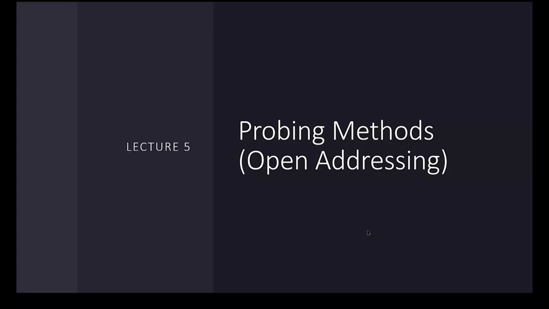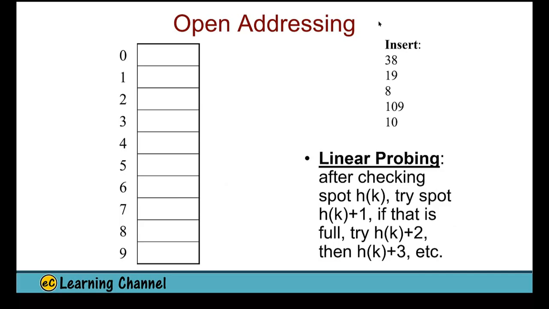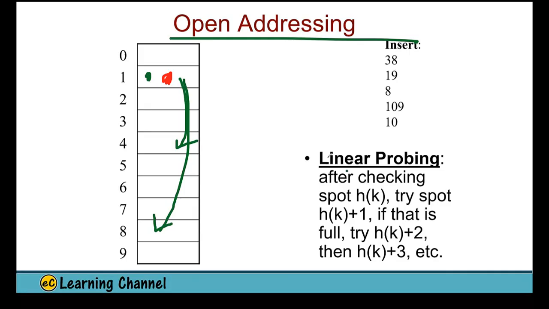And then the next one is the probing method. Probing means that when you have a collision, say you got hashed to here, but this one also hashes to here. So what can I do? I jump certain spaces. Say I jump by 4 or jump by 40. That's called open addressing with linear probing.